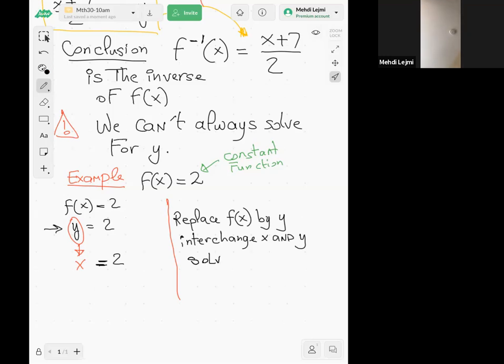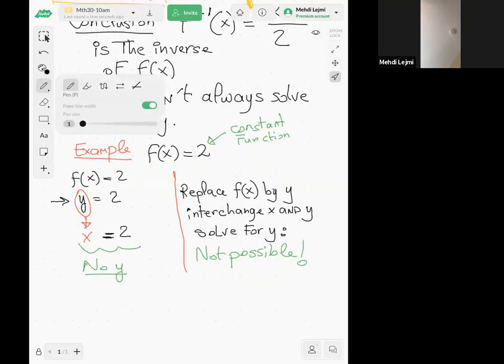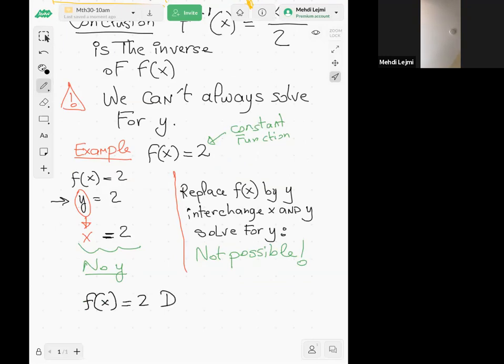So this very basic constant function, f of x equal to 2, does not have an inverse.